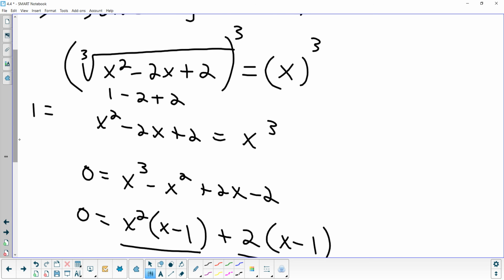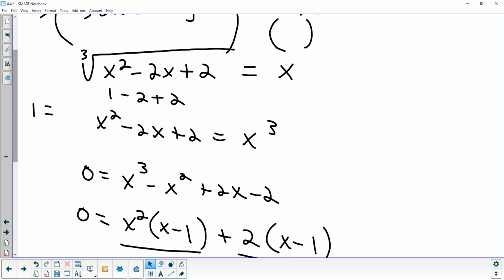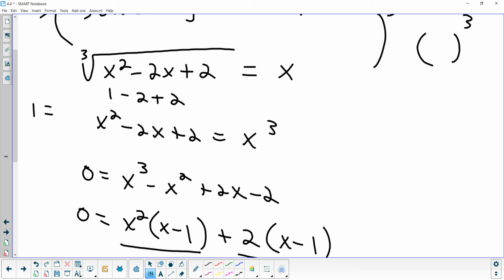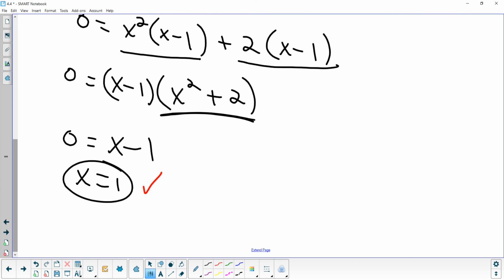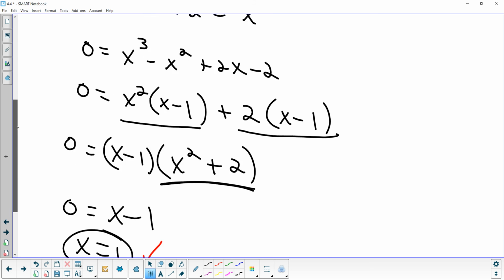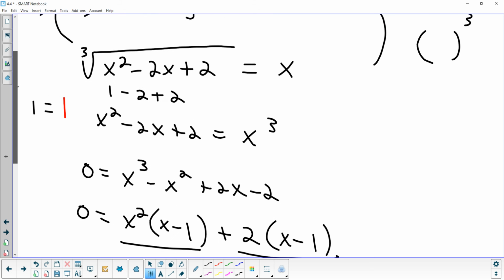Originally the problem was just equals x, so let me write it the way it was originally. So we got 1 on the left. And if you plug in 1 on the right, what do you get? 1. So it works. Hey, 1 equals 1. That's an easier problem to solve because you only had 1 root.